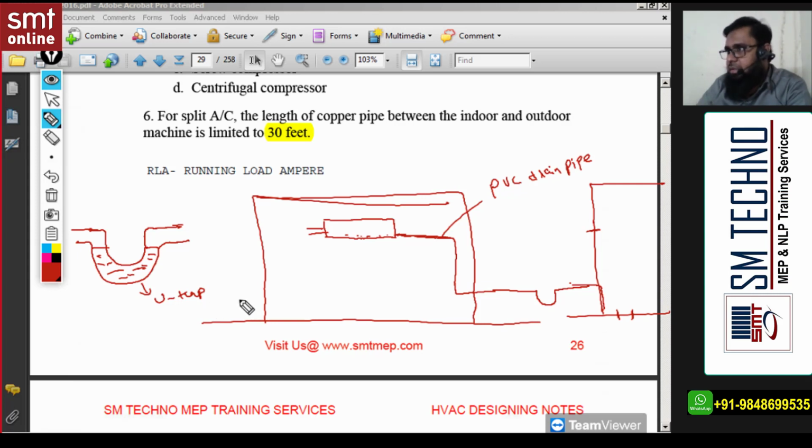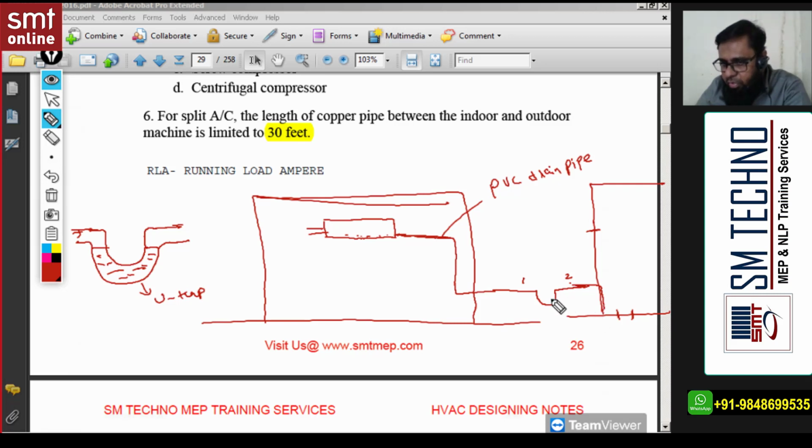To create a water seal. Whenever pressure increases from this side, the water flows. And always some water will be available in this, and this will create a partition between this point 1 and 2. So there is no chance of suction of bad smell from that toilet or wherever you connect this pipe, and there is no chance of insects also traveling, na? So there is no chance of insects also.